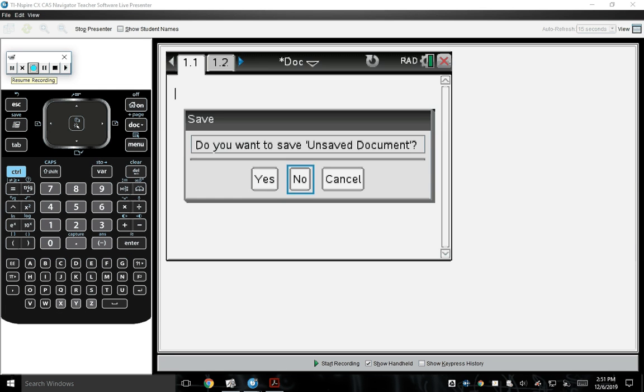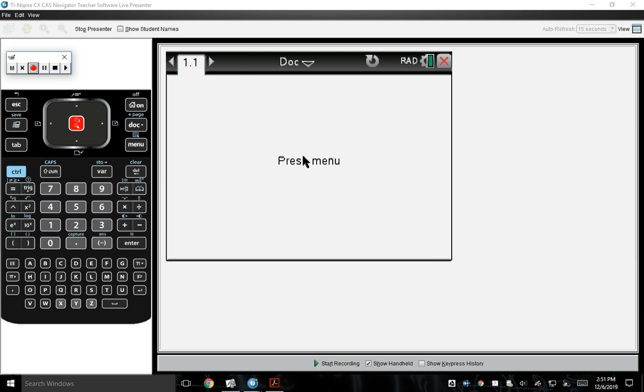From a new document, no to unsaved changes, I'm going to grab a calculator page. And what I'm going to do first is store my original position function that I established. And my position function that I established was 40L minus 2L squared.